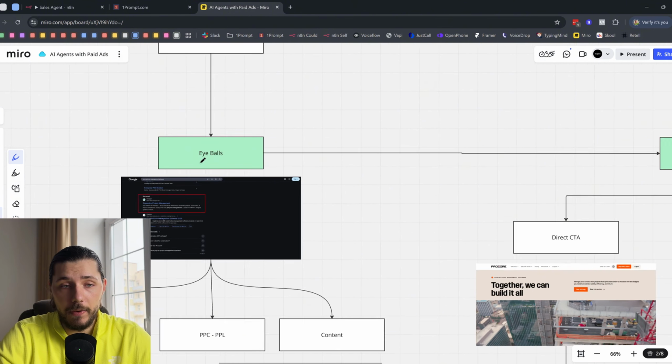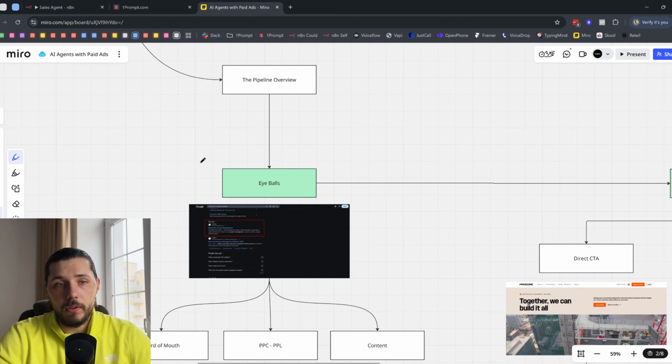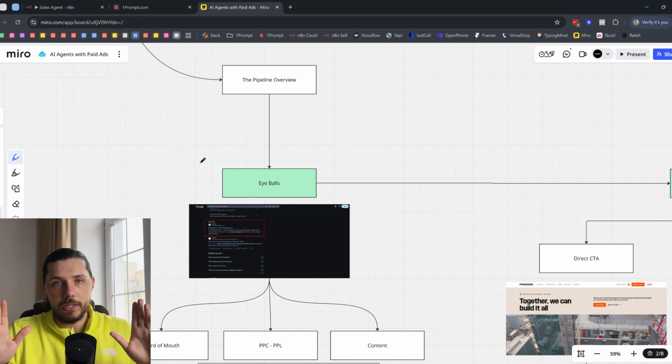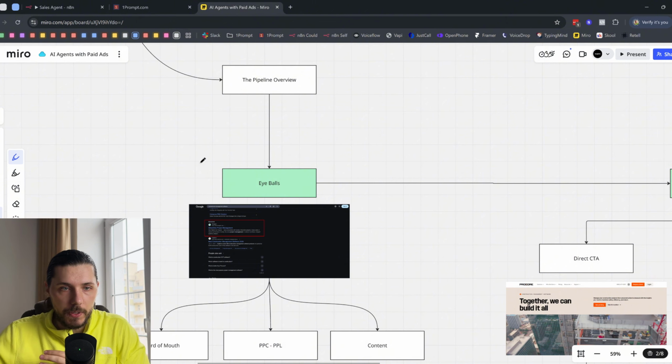So first we have the eyeballs. From our experience, guys, I'm generalizing everything. There are tens of millions of different businesses with different things. I'm trying to give the overall picture to then explain how AI agents can fit into each stage of the pipeline.